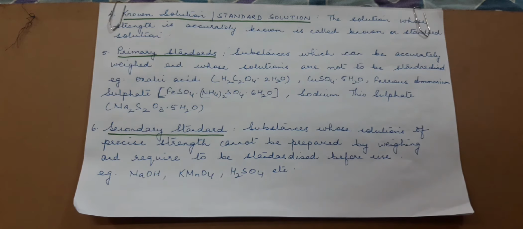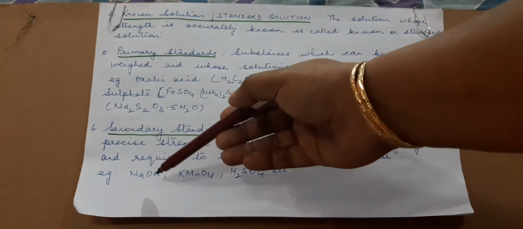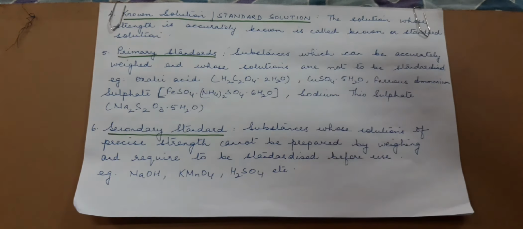That is why I have to first take a primary standard and then titrate it with a secondary standard, and then come to know exactly the precise strength of that particular secondary standard. So that process where I am using a primary standard to know the strength of the secondary standard, we say standardizing, or making the secondary standard a standard solution.